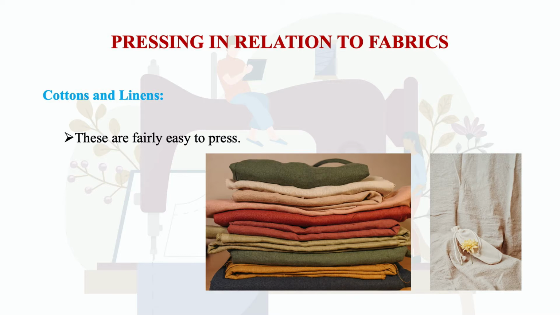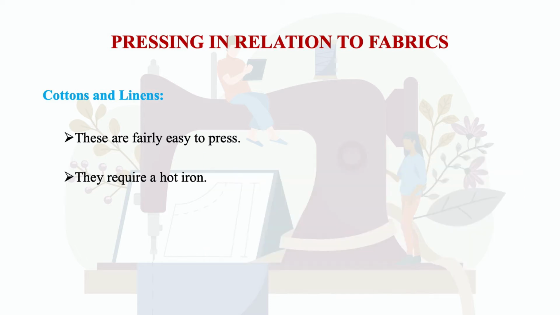Cotton and linen, as we know, are natural fibers, and the fabric is generally used in our garment construction. These are fairly easy to press in comparison to others, and they require a hot iron. We all have used an iron, so we can relate that we generally need more temperature or more heat than for any other fabric for cotton and linen.